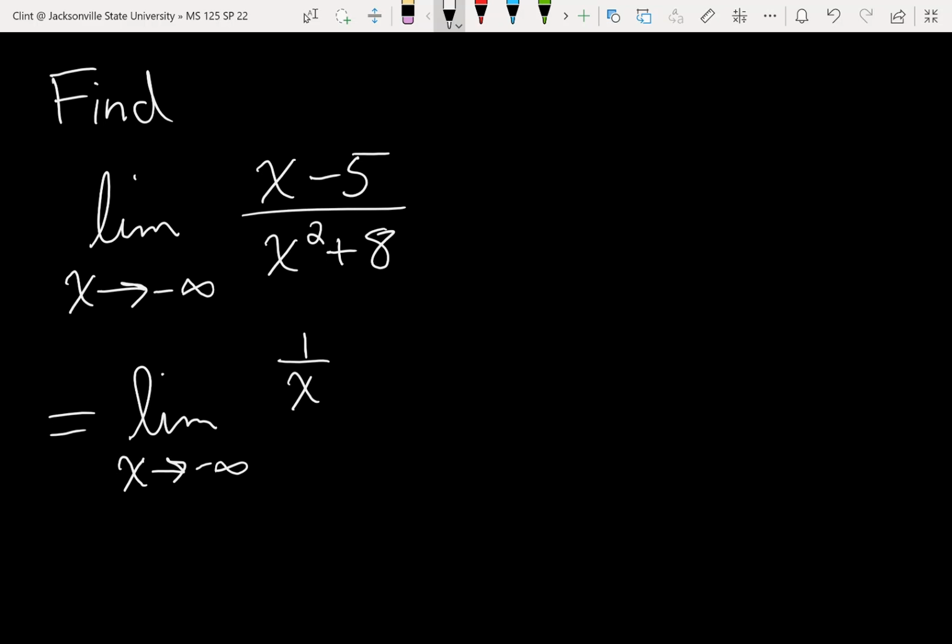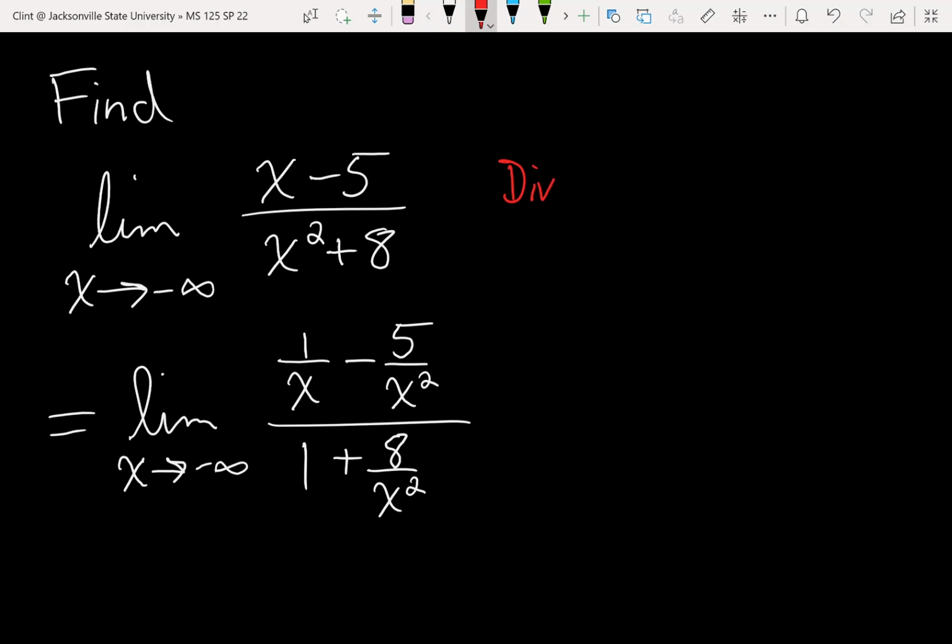Then -5 over x squared is just -5 over x squared. x squared over x squared gives 1. And 8 over x squared is just 8 over x squared. So we're dividing everything by x squared.